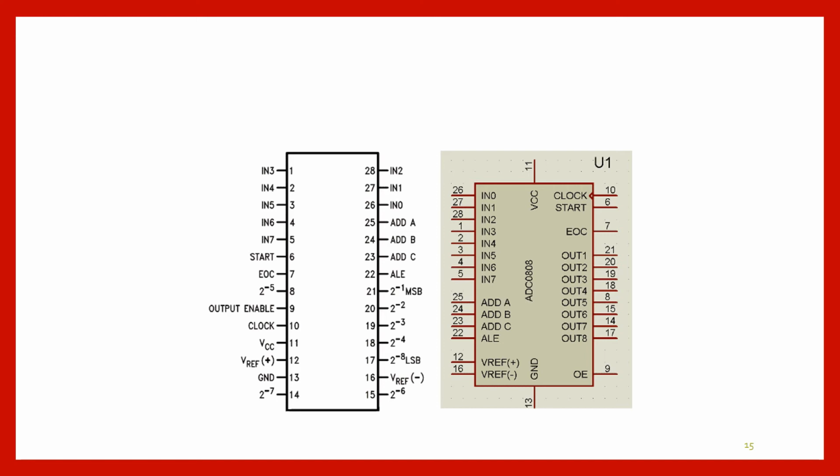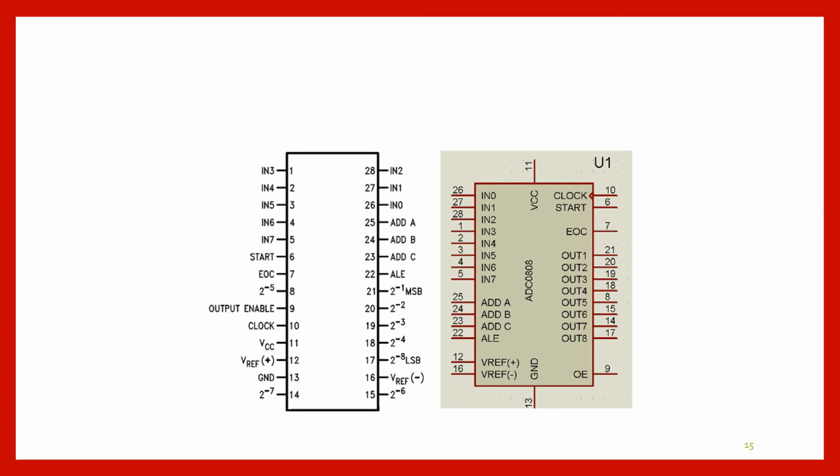Here on the left side you can see pin number 6 is start, 7 is EOC. Then data output pins, instead of D0 I am labeling them in accordance with power of 2. So we have up to 2 raised to minus 7. Here at pin number 8 there is 2 raised to minus 5. Then pin number 9 is OE.